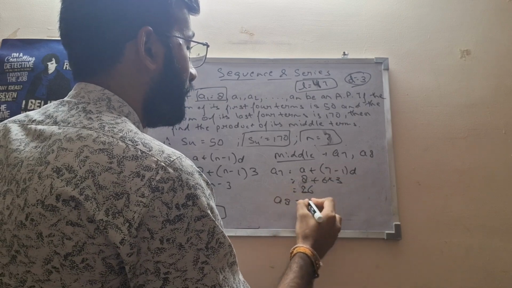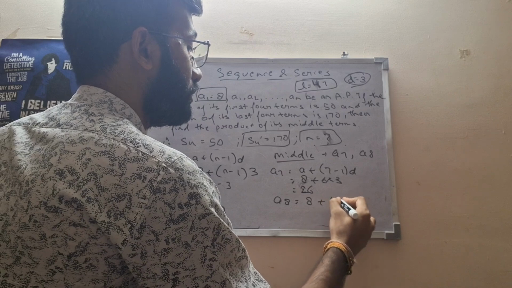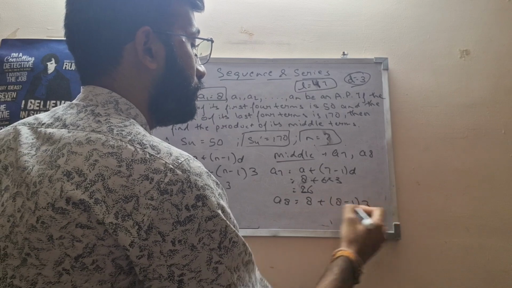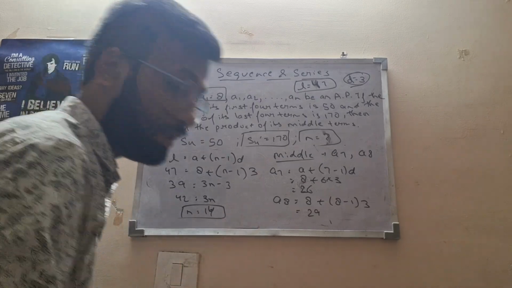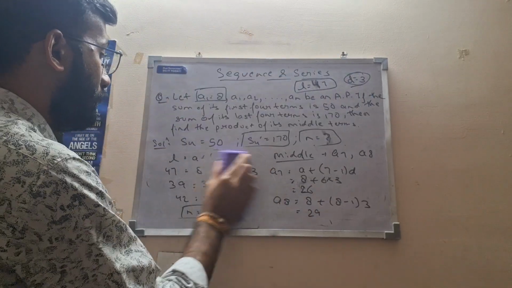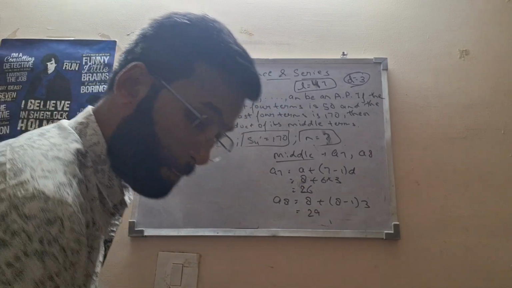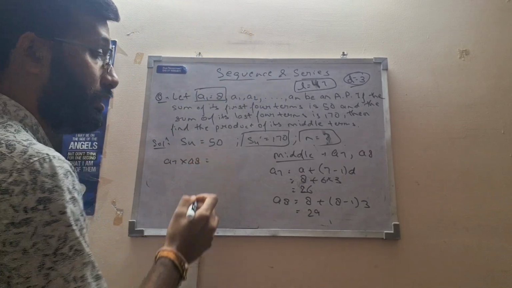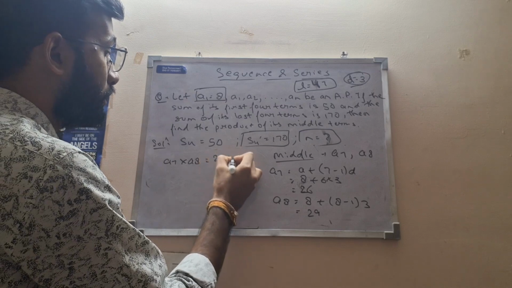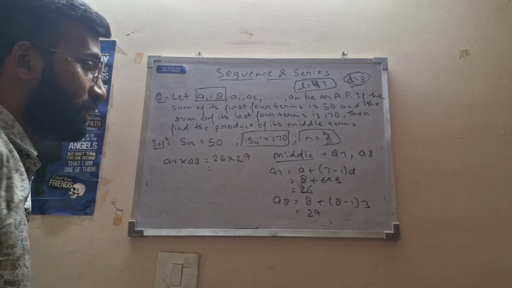Similarly, A8 will be 8 + (8 - 1) times 3, that is 29. And now we have to find the product of its middle terms. So A7 times A8 equals 26 times 29. So we have to multiply it.